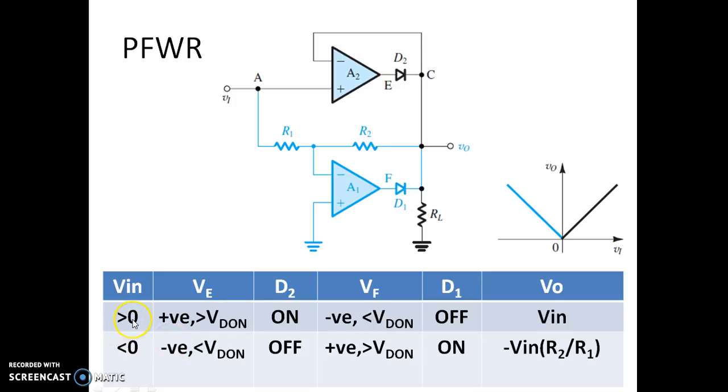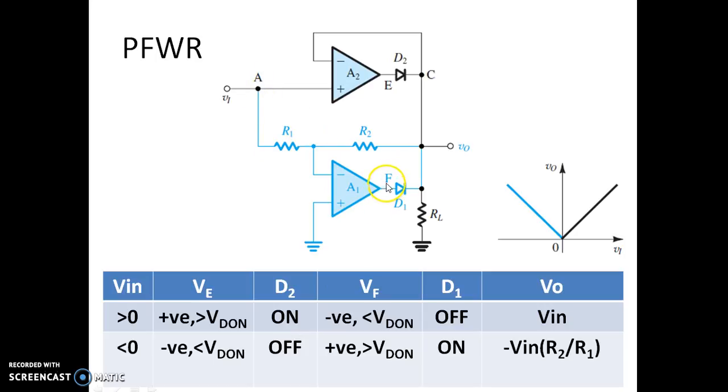Now you can see when the input voltage is positive, the voltage at VE is positive. Because this is a voltage follower, the voltage is positive over here, and when it is positive, D2 turns on. So D2 turns on whenever the input voltage is positive.